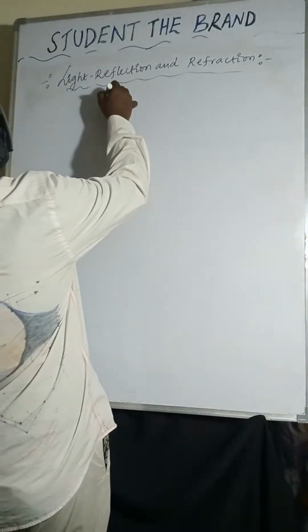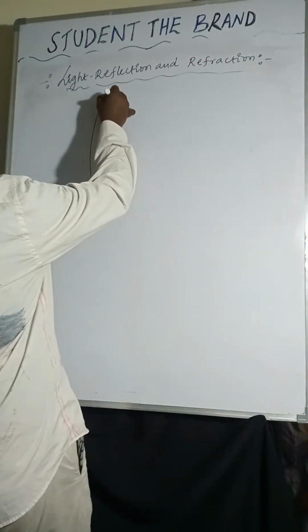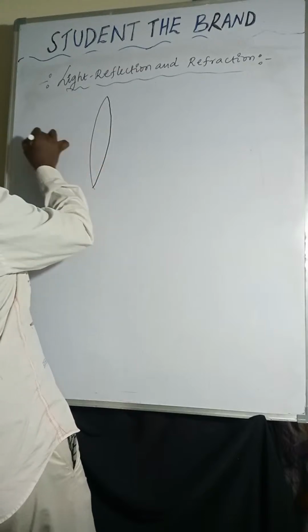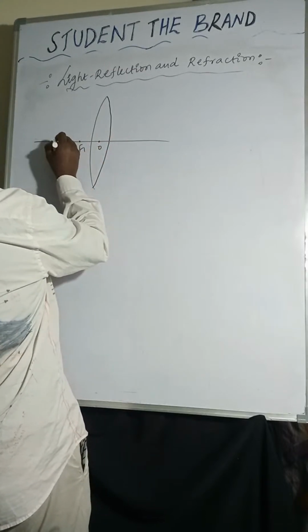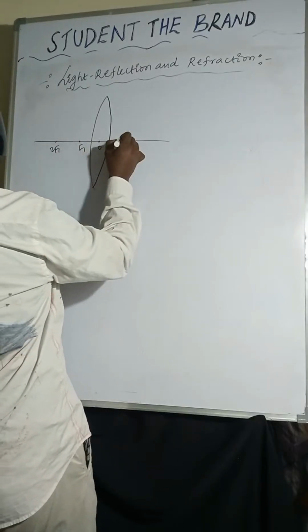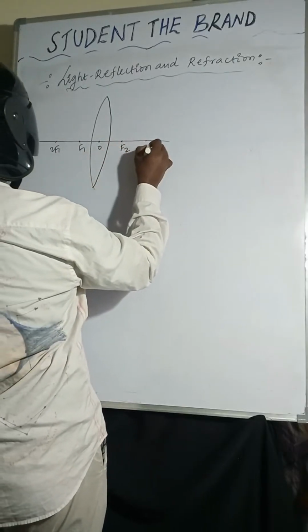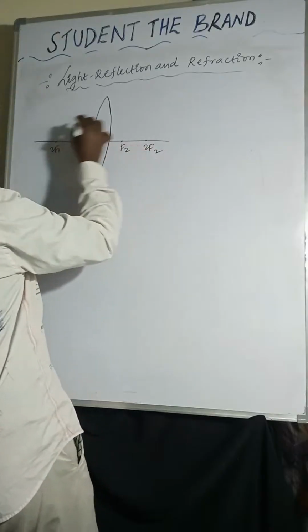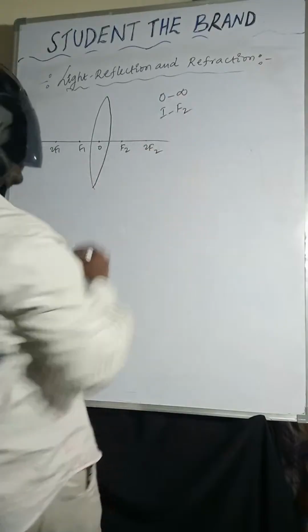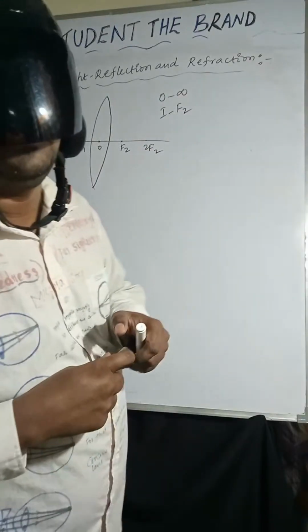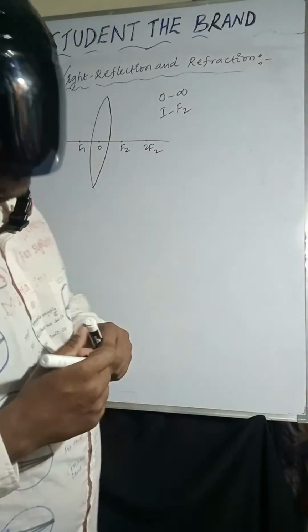Now, image formation. Optic center, F1, 2F1, F2, 2F2. Object is at infinity, image will form at F2. How many light rays are required to form the image of the object? Minimum 2 light rays are required.